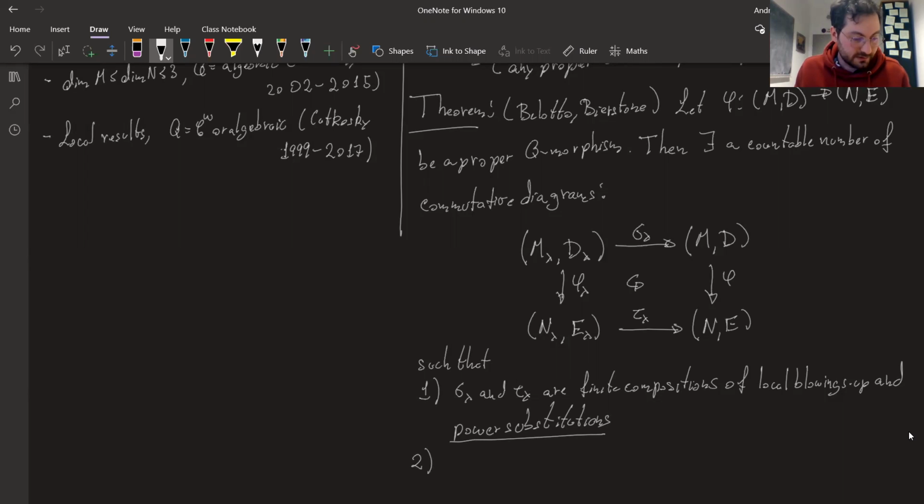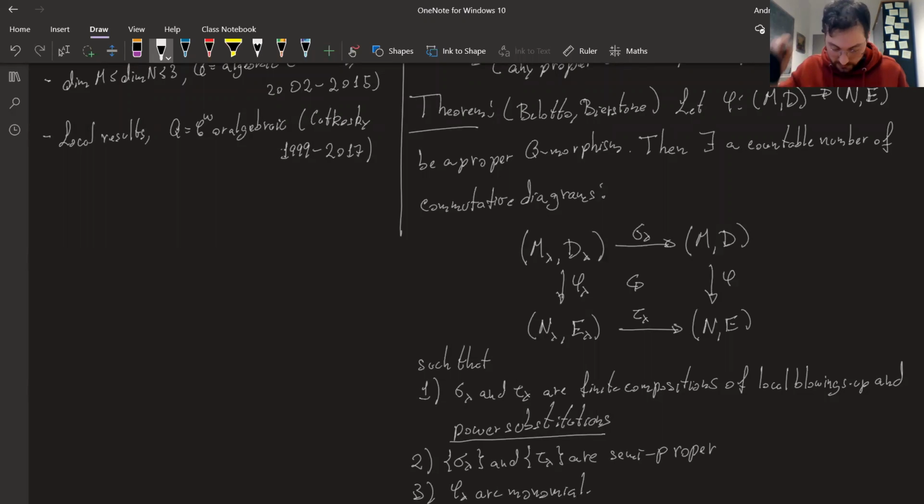The second point is sigma lambda and tau lambda are semi-proper, as usual. And the third point is that phi lambda are monomial. So we get what we wanted, at least in a local way.